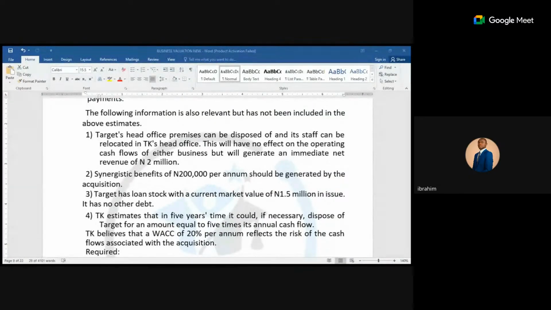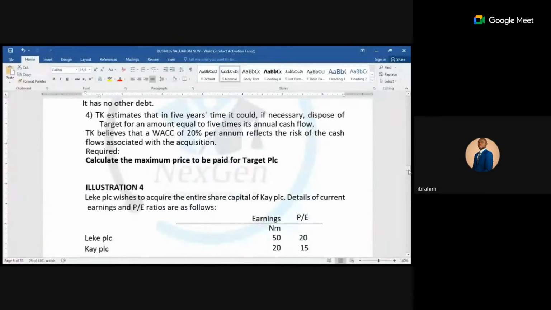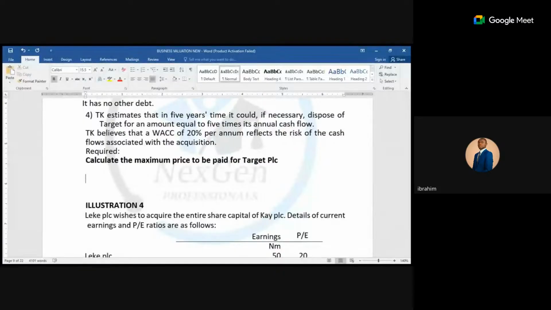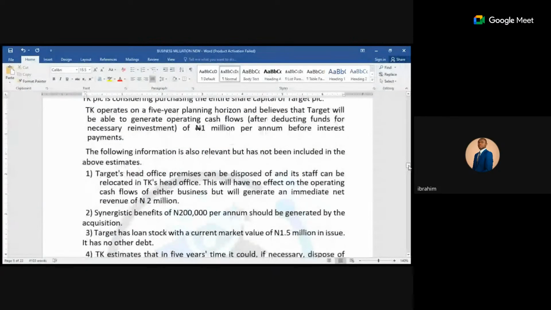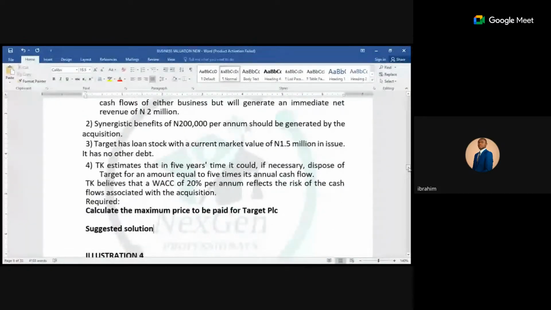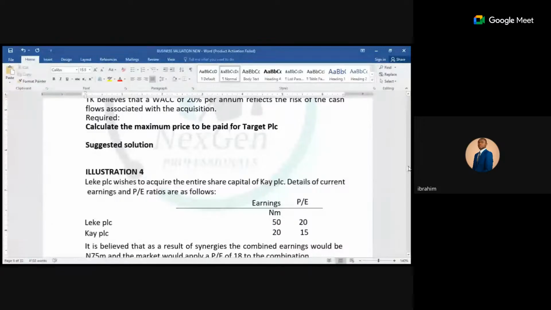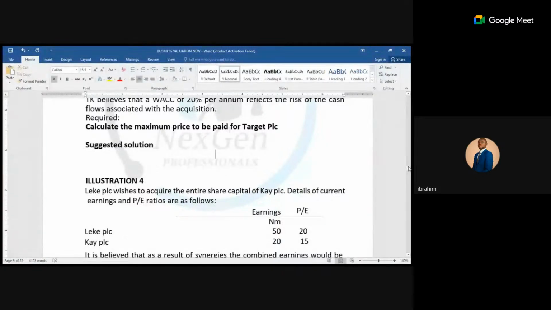Now, suggested solution. Determination of maximum price to be paid.